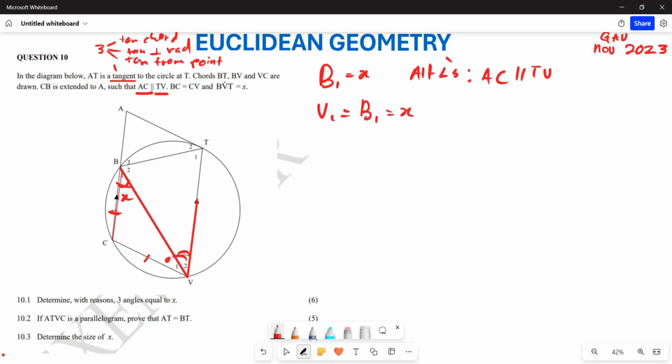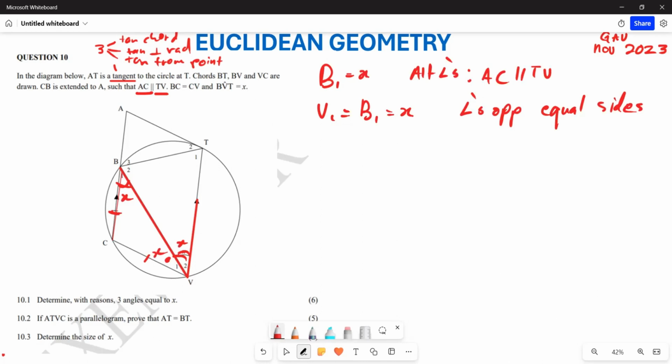Because angles opposite equal sides are equal. So these are the angles that are opposite to equal sides. That's the reason why they are also going to be X.